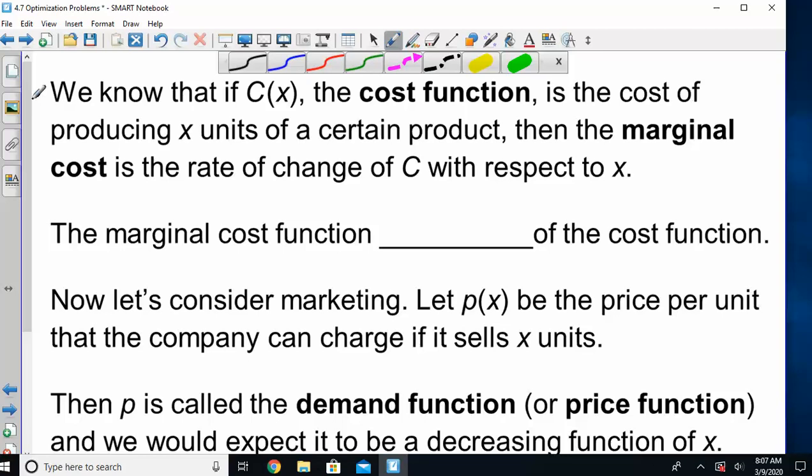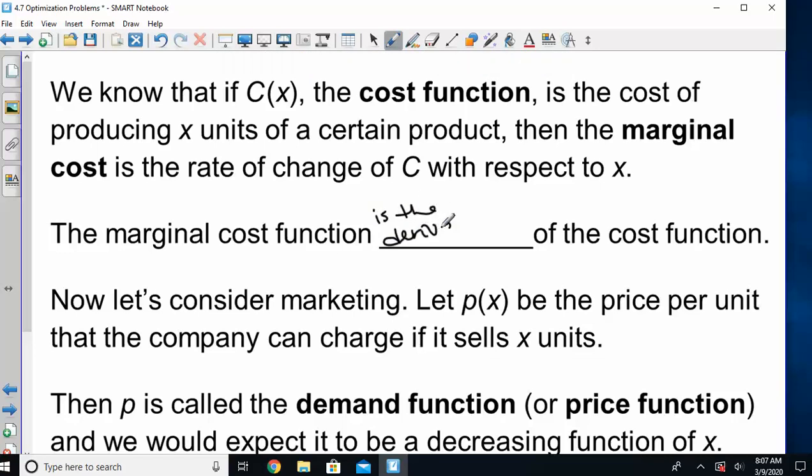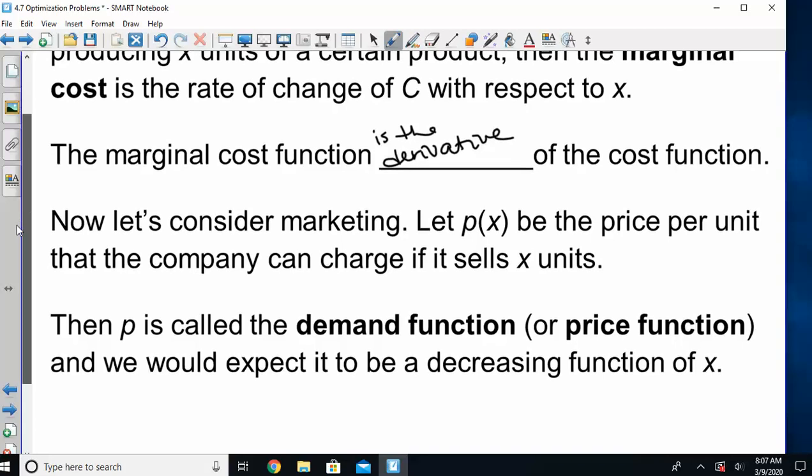It tells you how the cost function is changing. So the marginal cost function is the derivative of the cost function. And we have done that before. So you have your cost, you find its derivative, it tells you how the cost is changing.